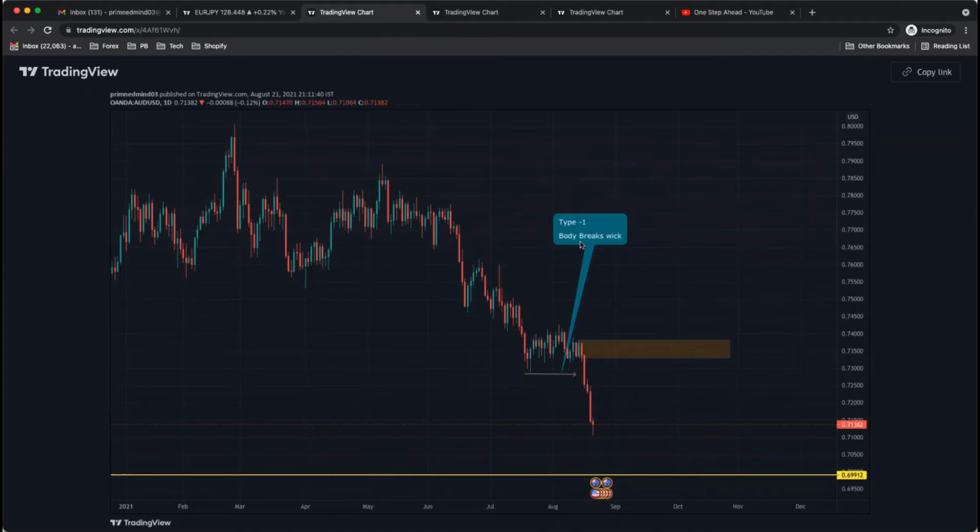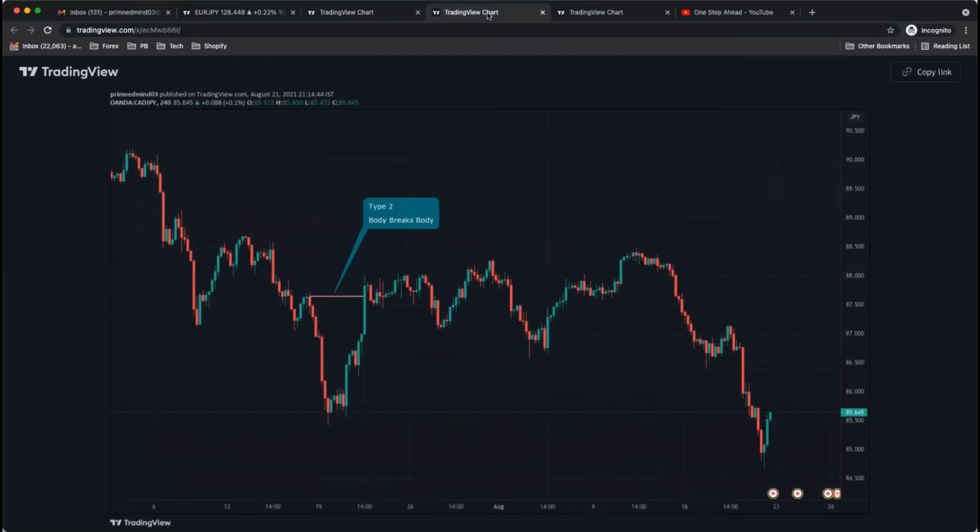This is the most preferred one, which I prefer, because it's more probable than the other two, but you can use whichever suits you. This is an example on the Australian dollar US dollar chart. It's a clear-cut order block here. Just set an alert for when the price comes here, then reacts.